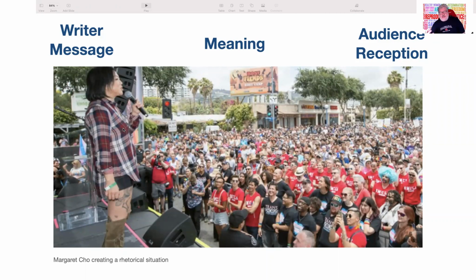When her audience thinks about this, they're trying to hear Margaret's message, and they're trying to understand it so that together they can make meaning. This is a rhetorical situation, and let's get it much more complex than that.